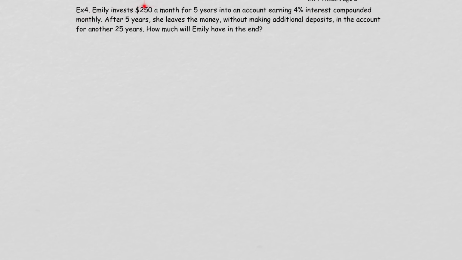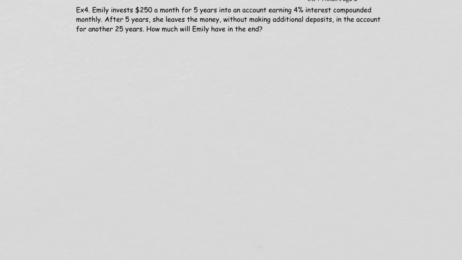So this information right here, it's $250 a month, so you're going to use annuity formulas for the 5 years. But the next part is, after 5 years, she leaves the money without making additional deposits into the account for another 25 years. How much will Emily have in the end, right?